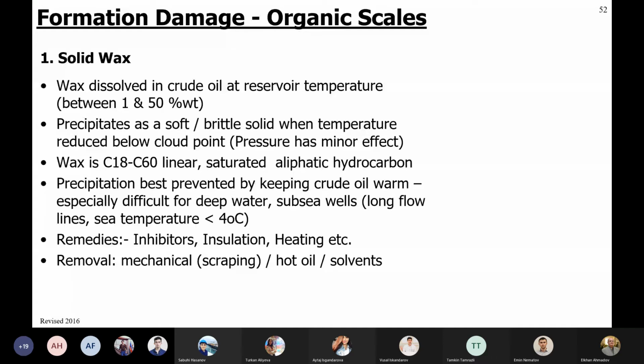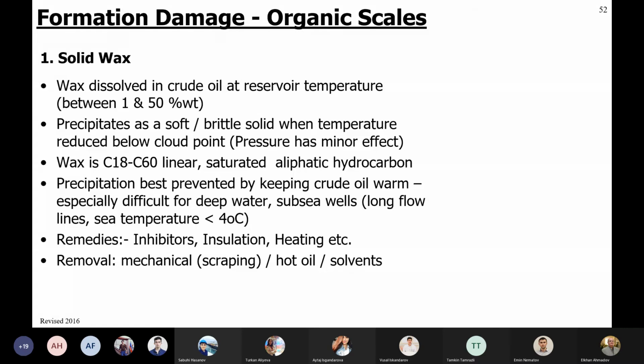There are many ways to keep the crude oil warm, but it is of course difficult for deep water reservoirs, because to send high temperature fluids downhole, we will have to push them through the cold water thickness.